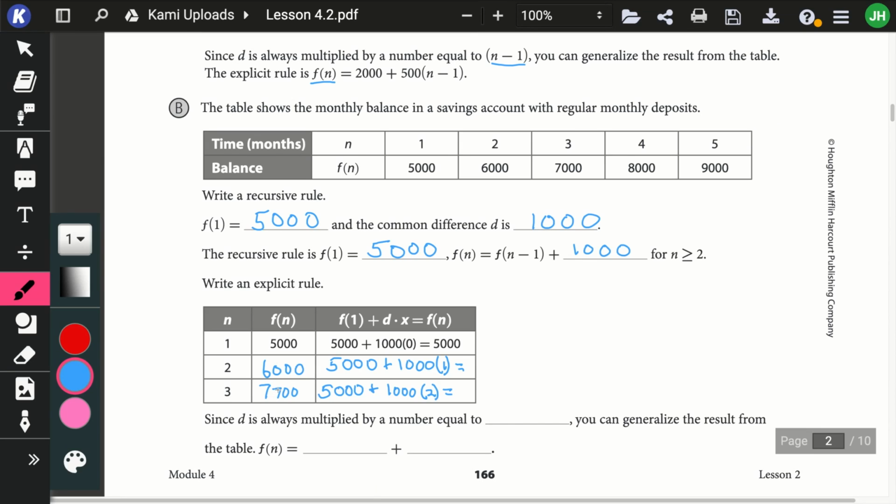Oops, I wrote that wrong. Since d is always multiplied by a number equal to, do you remember what this was up top? N minus 1. We can generalize the result from the table. F of n equals 5,000 plus 1,000 times n minus 1, because you're always multiplying it by a number 1 less than the n. Here the n is 2, you multiply it by 1. Here the n is 3, you multiply it by 2.